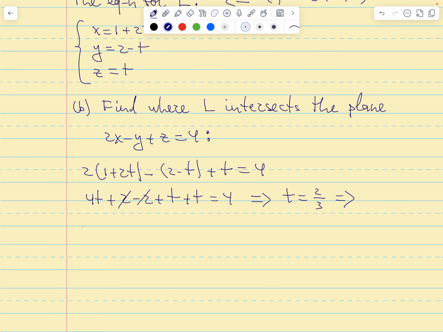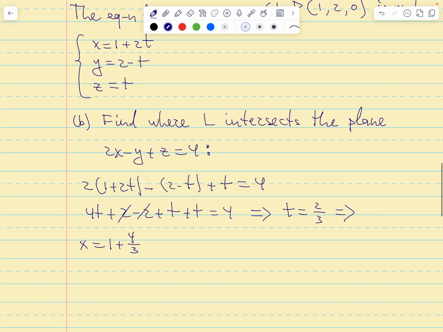So x is 1 plus 4/3, right? 2 times 2/3. y is 2 minus 2/3, and z is 2/3.